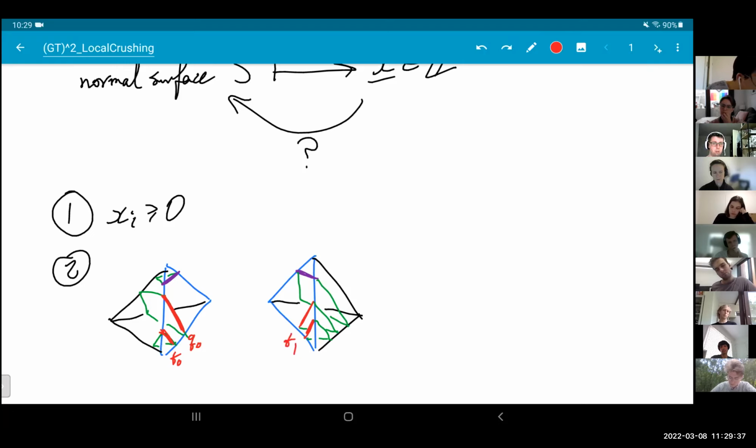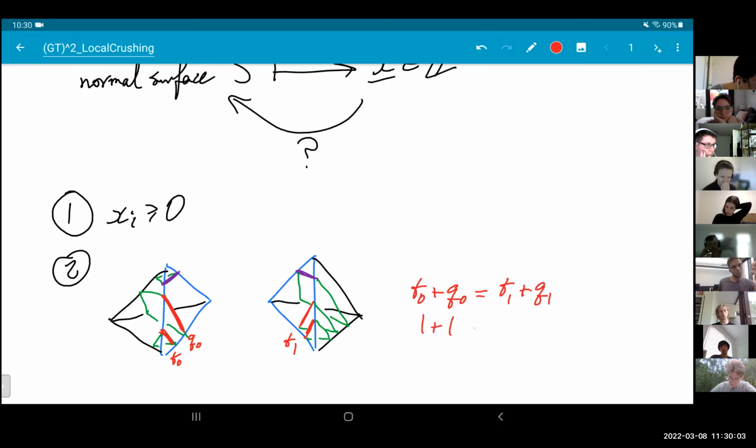The equation says the numbers of these things have to be equal: T1 plus Q1, where Q1 would be the quad in the right-hand side triangle that meets in an edge of that type, which in this case there are none of. So in this case, we've got 1 plus 1 is equal to 2 plus 0.